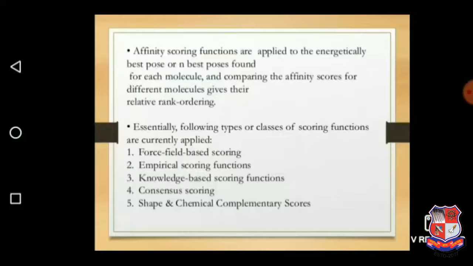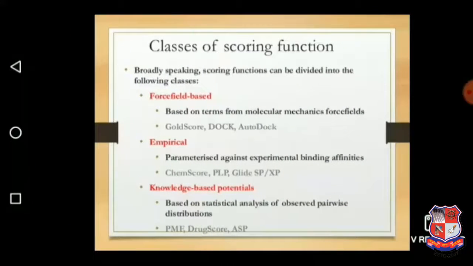Essentially, the following types and classes of scoring functions are currently applied. The first one is force field based scoring, then empirical scoring functions, knowledge based scoring functions, consensus scoring, and shape and chemical complementary scores. Classes of scoring function, that is force field based: examples are AutoDock, DOCK, and GoldScore, based on terms from molecular mechanics force fields. The second one is empirical, that is parameterized against experimental binding affinities.